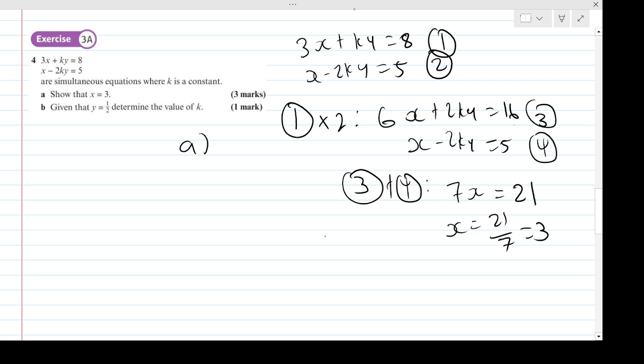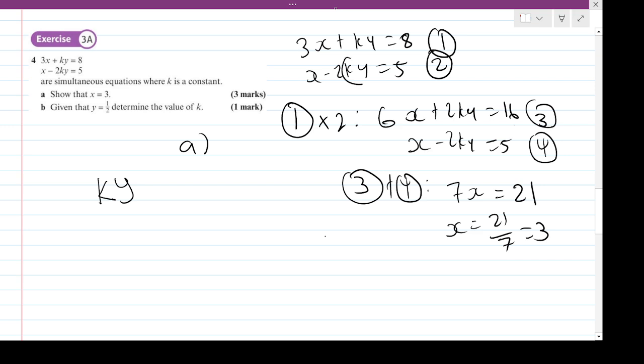We could alternatively do substitution. However, it would be messy, because you'd want to substitute for ky, since ky is here, and you want to get rid of the ky because k is also a missing number. Substitution is a bit fiddly here.